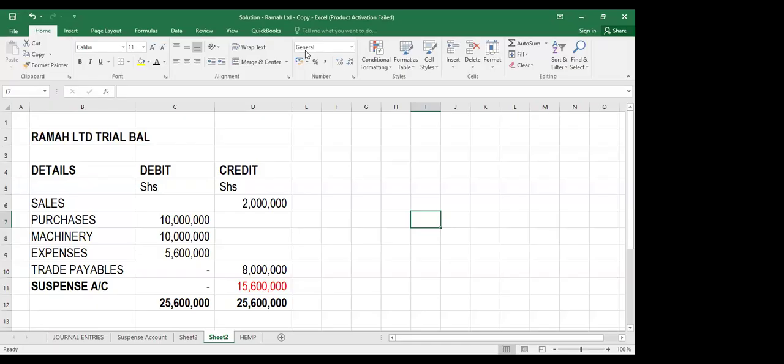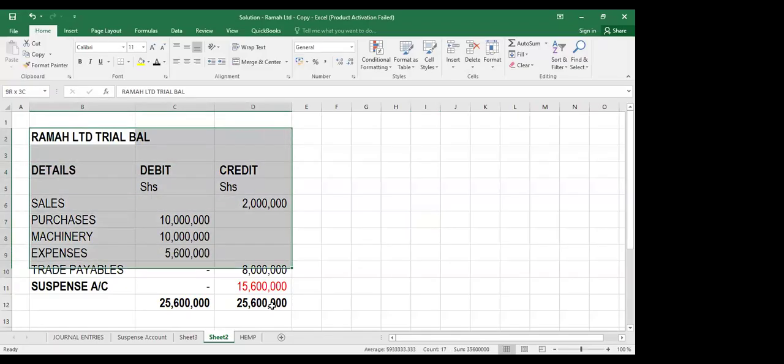From those T accounts, you get balances either on the debit side or credit side of those individual accounts. You extract those balances, use them to prepare this trial balance, this thing here.